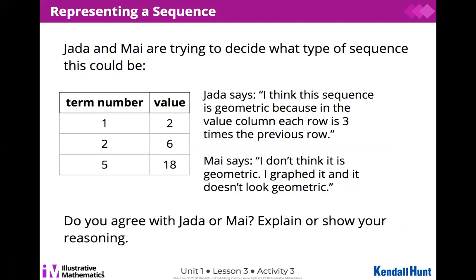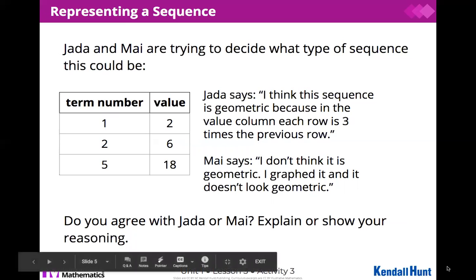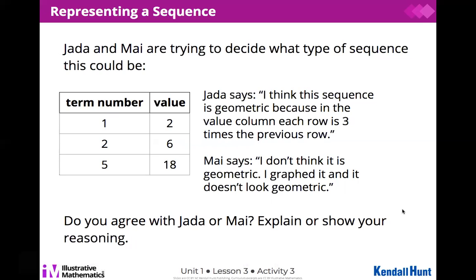Okay, so I'm going to go ahead and sketch a graph right in here, so we can kind of see what May was looking at. So if we've got a little graph, and I'm going to go 1, 2, 3, 4, 5, and then the values go, let's say 5, 10, 15, 20.